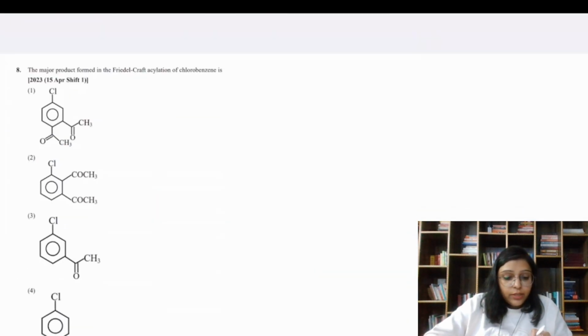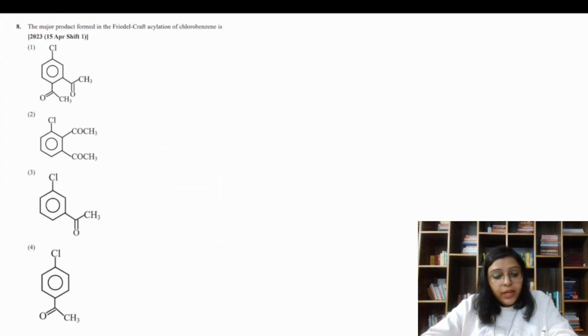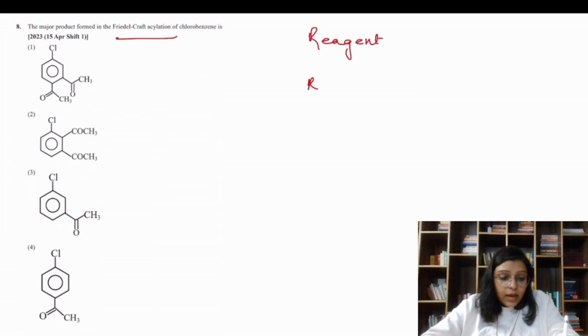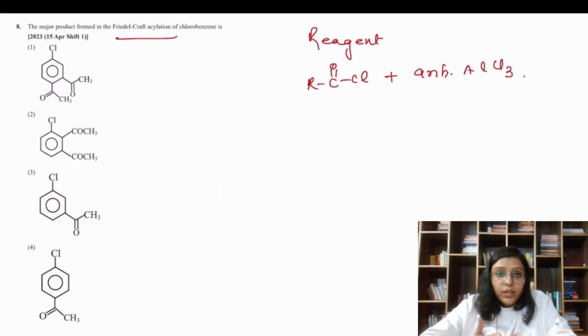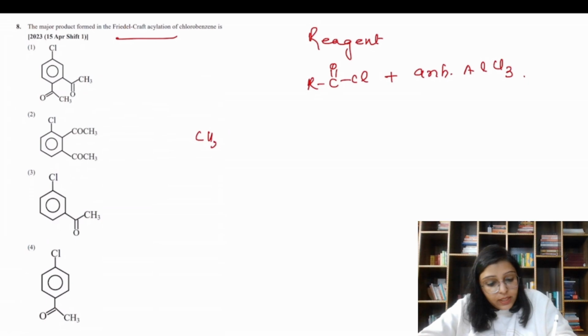Okay. Now let's do the next question. The major product formed in the Friedel-Crafts acylation. So in acylation, the reagent is RC double bond OCl and anhydrous AlCl3. Here we have chlorobenzene, and we have to do Friedel-Crafts acylation with CH3C double bond Cl plus anhydrous AlCl3.